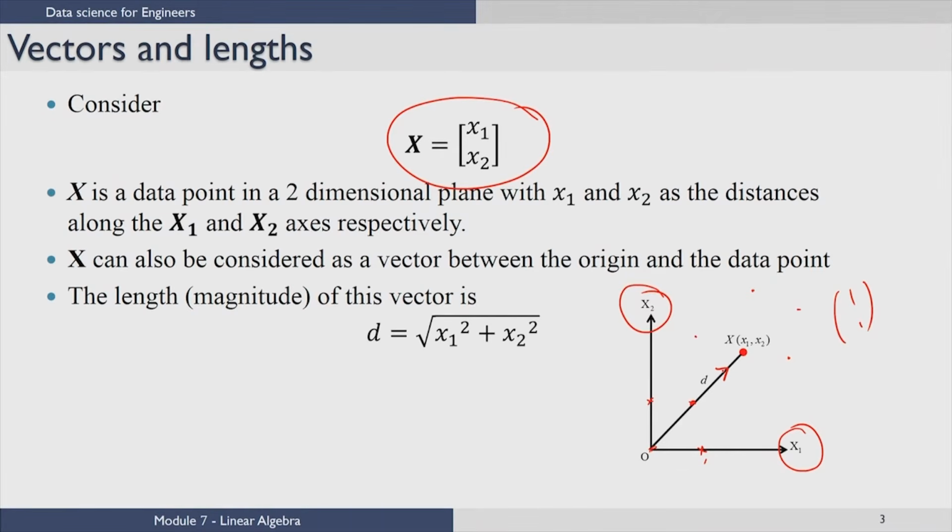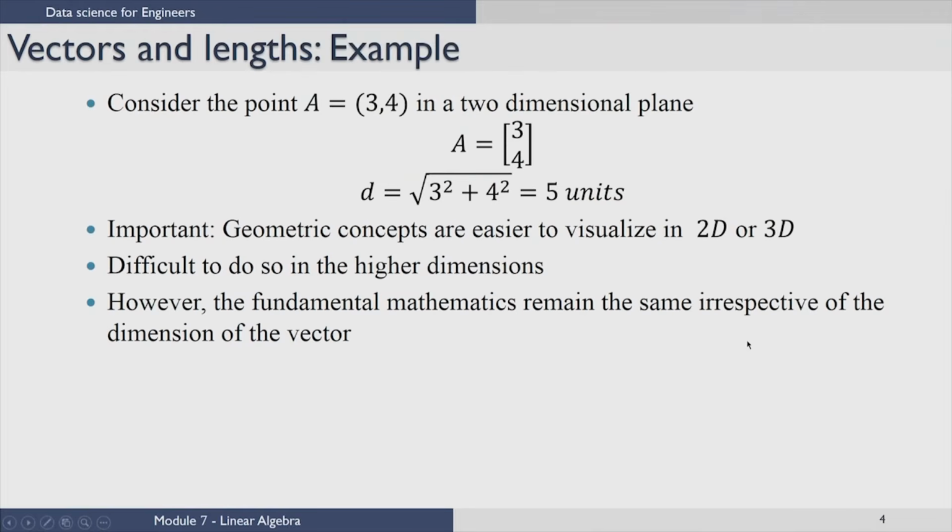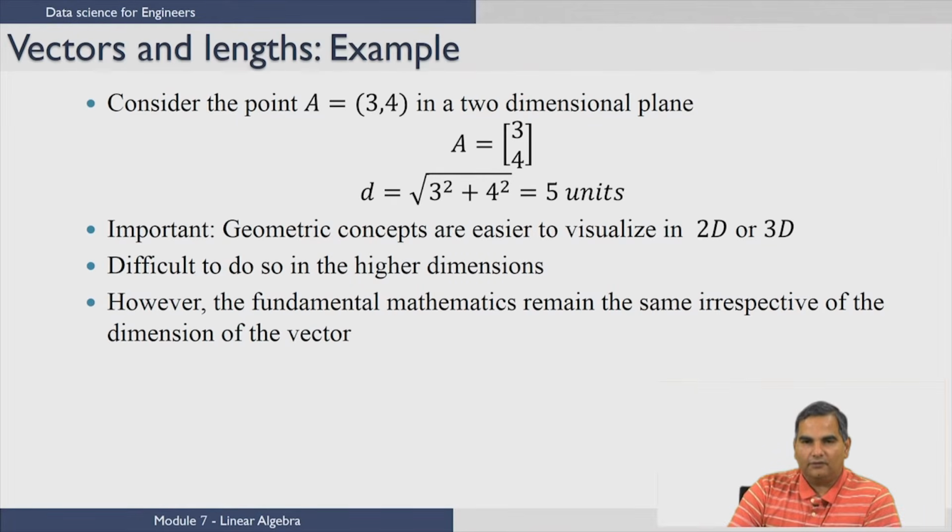So, that is the distance of this point from the origin. Now, just as a very simple example, if you have a point 3 4, then the distance from the origin is root of 3 squared plus 4 squared, which is going to be equal to 5.